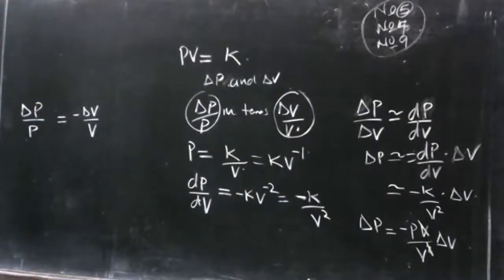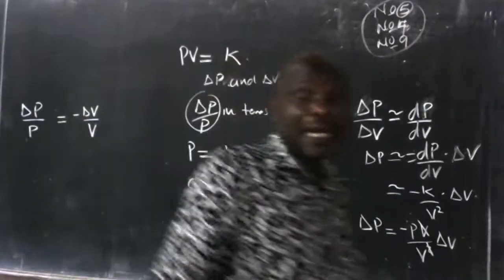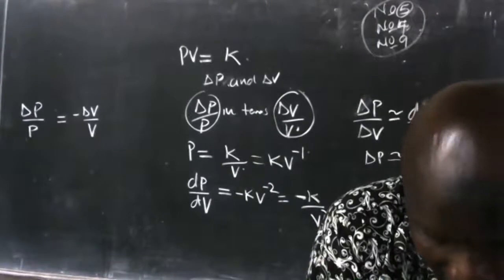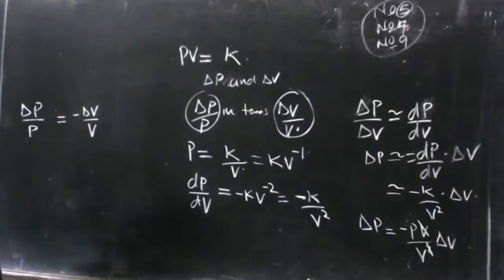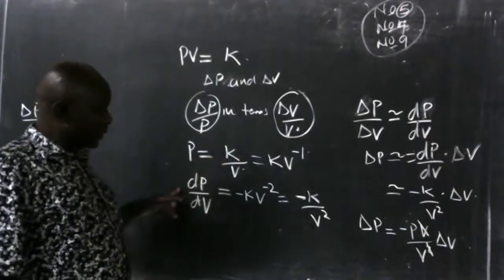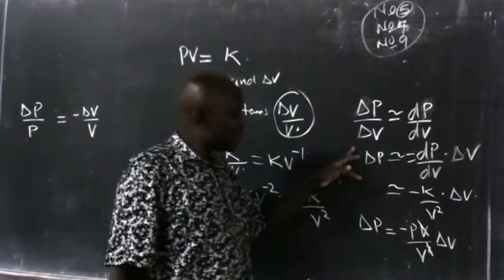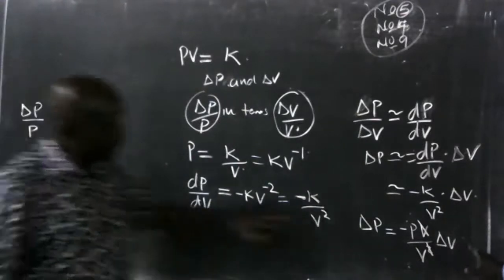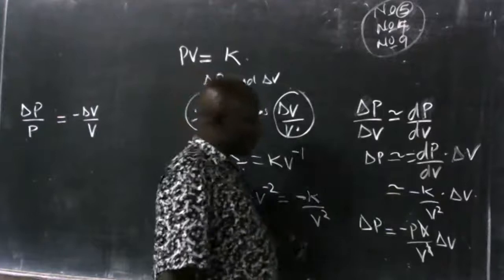Excuse me, teacher, that step where you're changing P is equal to negative PV out of V. I don't understand how we got to that.